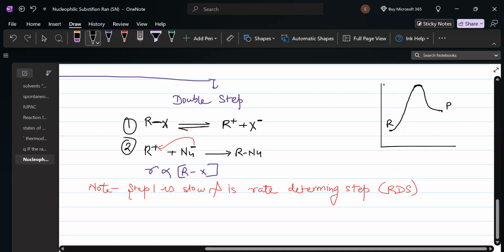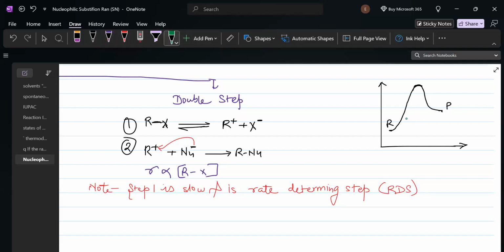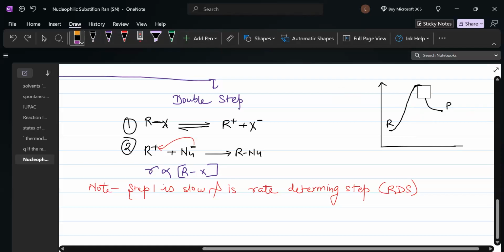Do you remember this graph? No problem, try to understand. This graph will be more appropriate for this thing.